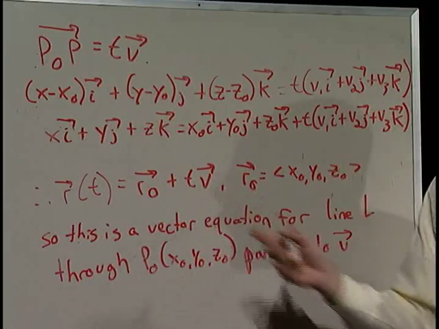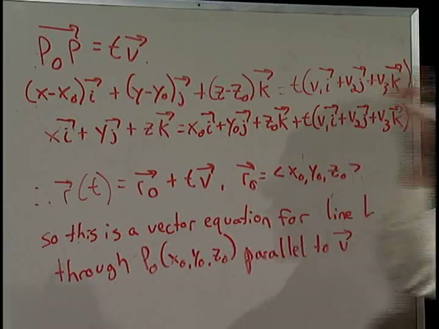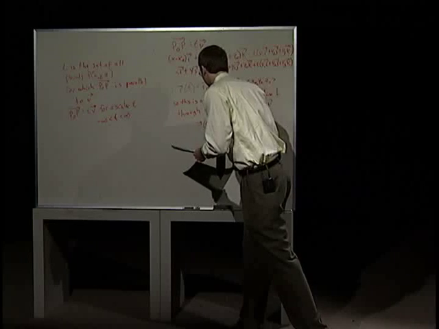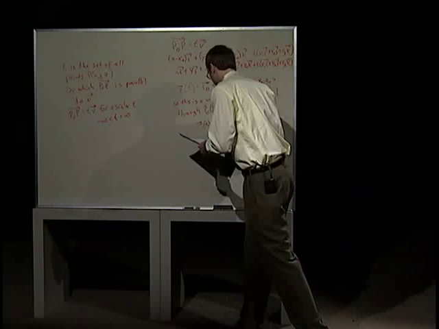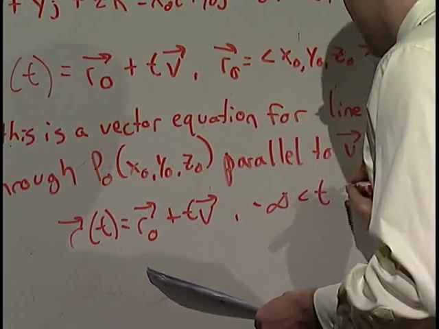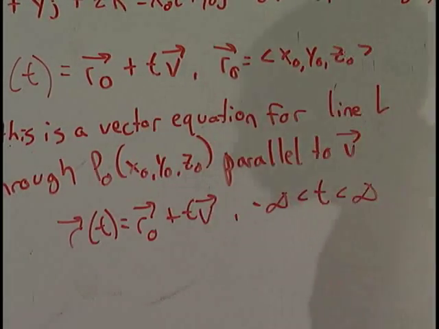And again, t can range through all real numbers. The line goes infinitely long in both directions. So it's r(t) equals r0 plus tv, and we let t range through all reals. Okay? So that's the vector equation.